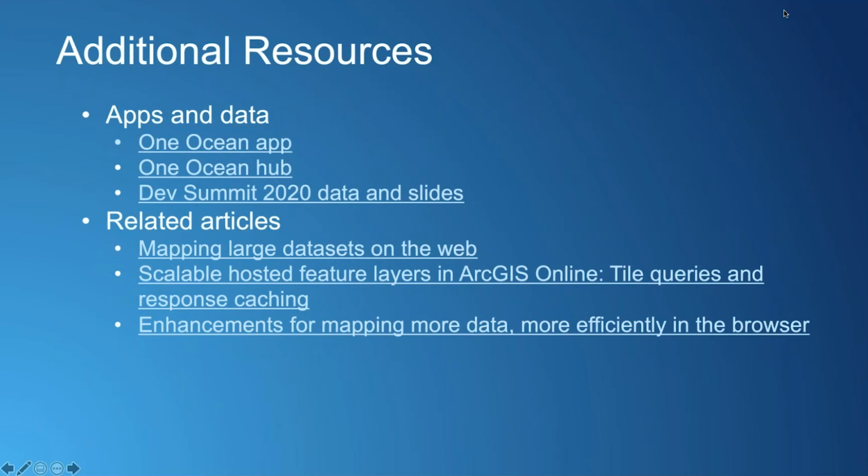Can we use these rendering techniques with graphics layers or only feature layers? Also a good question. We have improved the performance of graphic layers, but you're going to get the most bang for your buck using feature layers. And that includes the client-side feature layer.